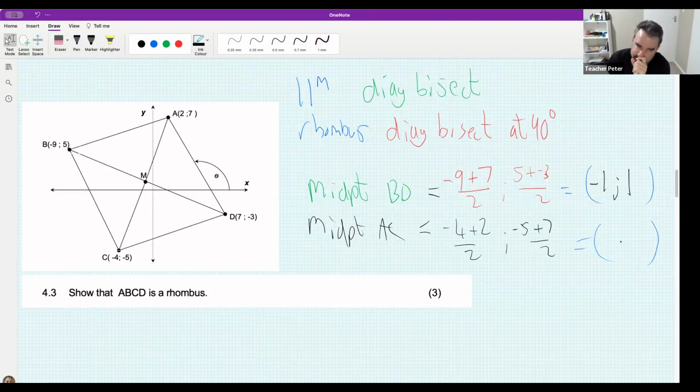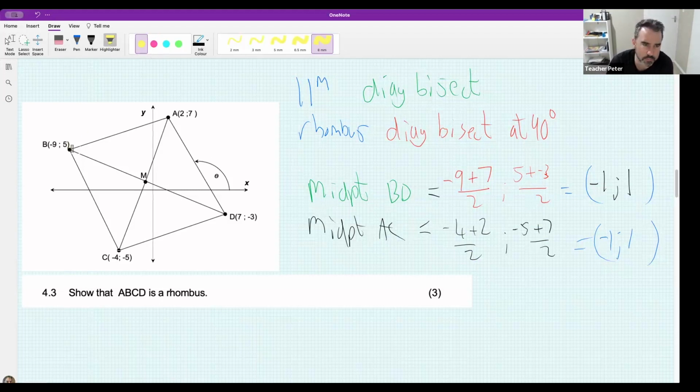For the first one, I get minus 1, 1. Tongue agrees with me. What about AC? What did you get for that? I'm pretty confident it should be the same. So minus 2 over 2 is minus 1. That is 2 over 2, which is 1. Yes. Okay. Good news is that we know this is a parallelogram.